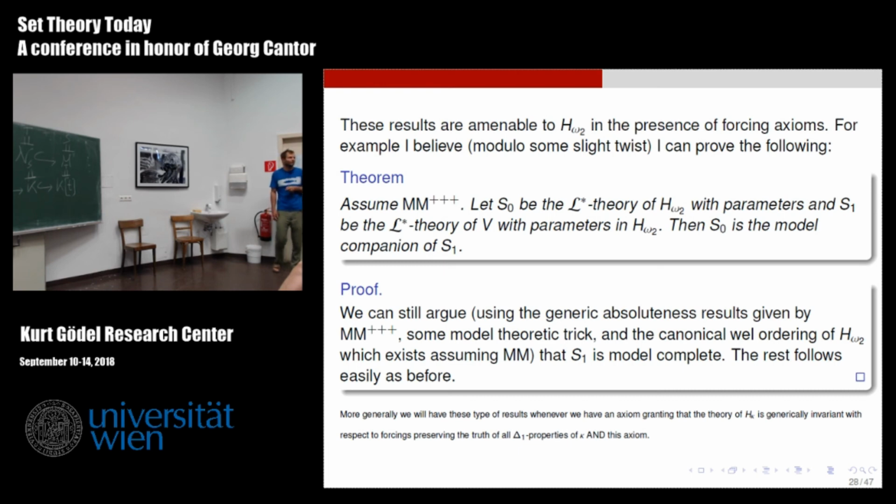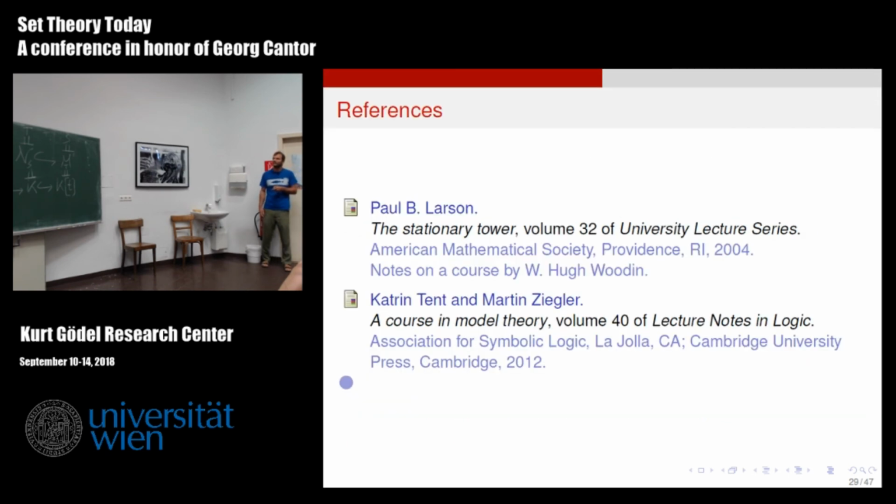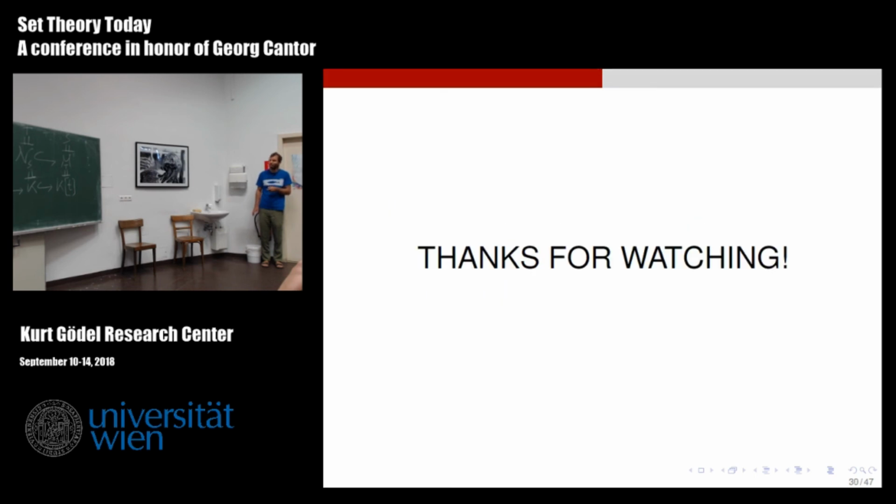Then you will be able to establish that the theory of this structure is the model companion of the theory of V with some extra predicates, with the good parameters. And these are the two books where you find all of this. All the hard work is done by Woodin essentially, and then you pick some standard things in model theory and you cook it up.